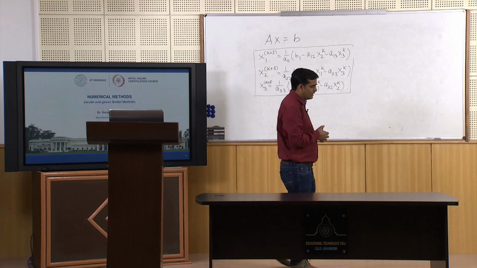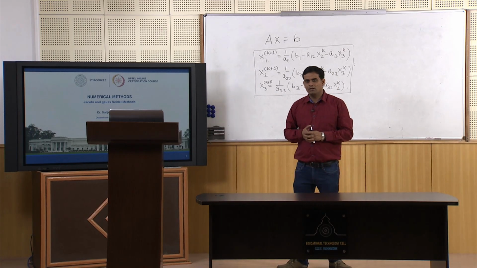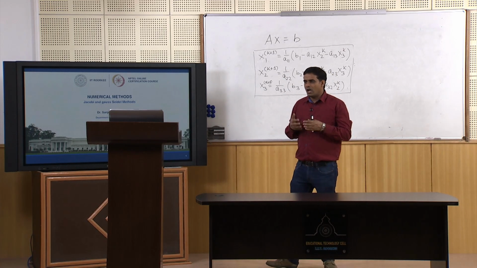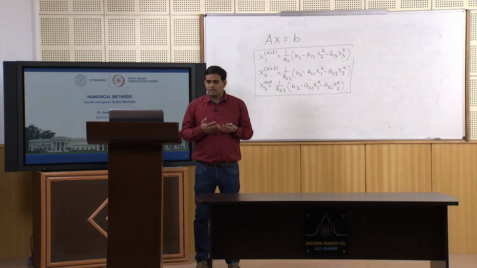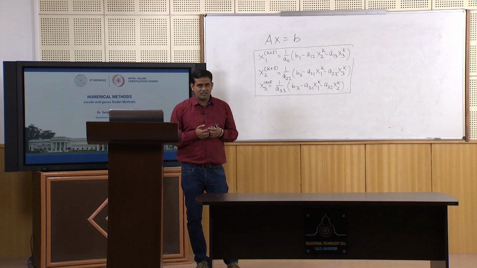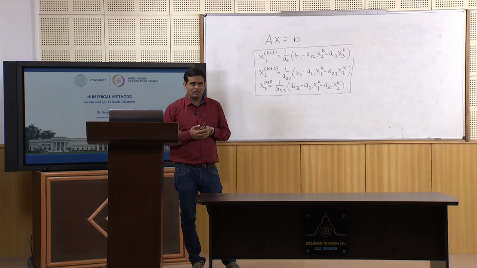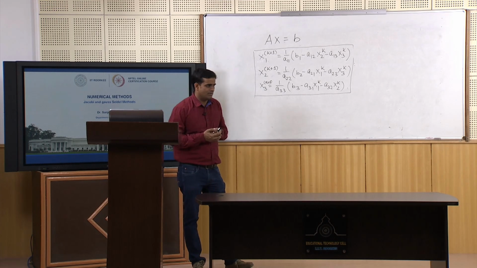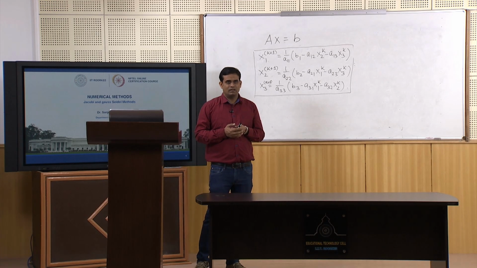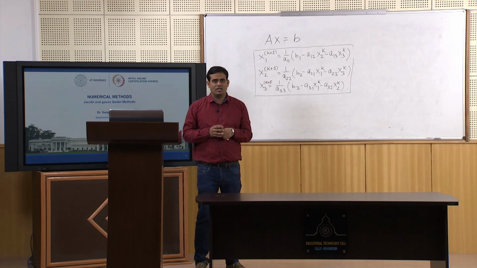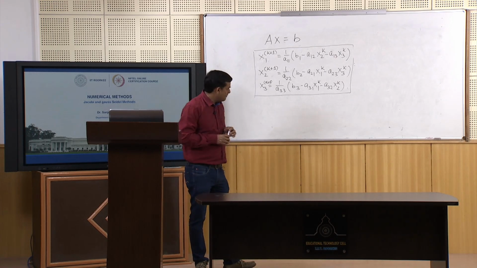So, in the next method, called the Gauss Seidel method, I will introduce some modification in the Jacobi scheme, and then the Gauss Seidel iterative equations will give a bit faster convergence compared to the Jacobi scheme.